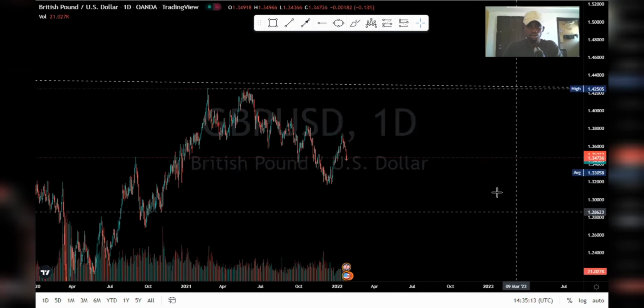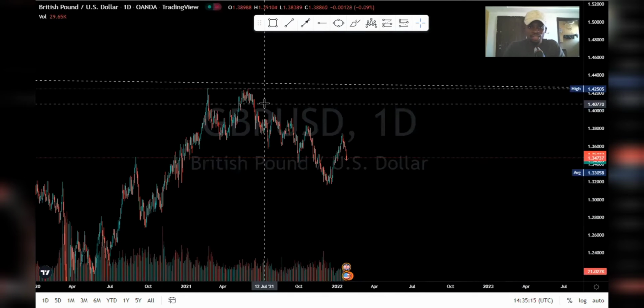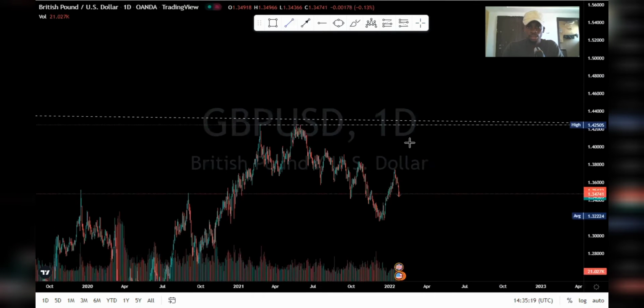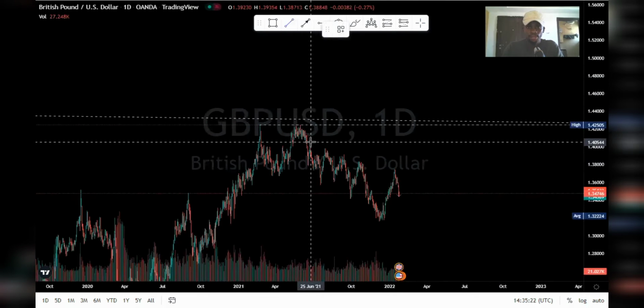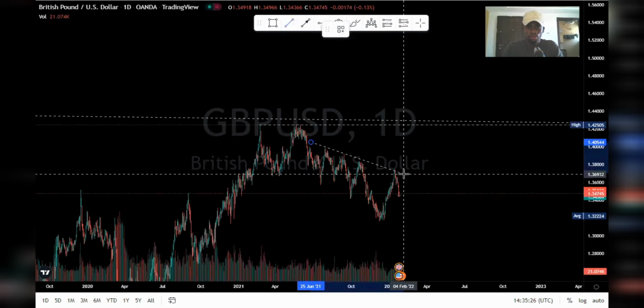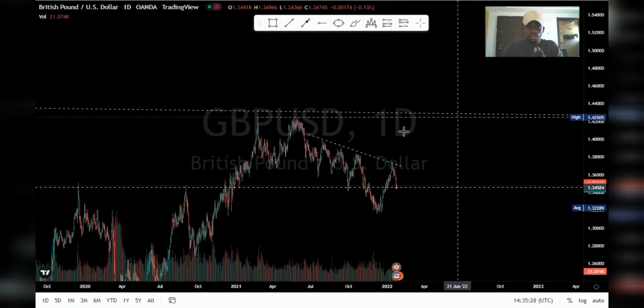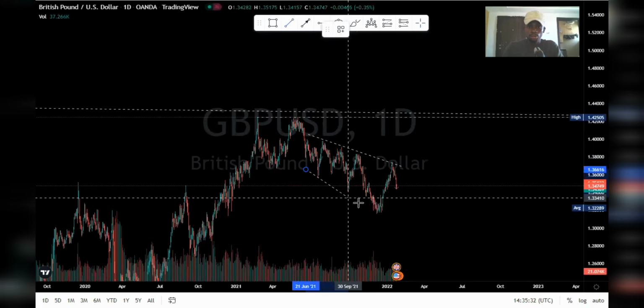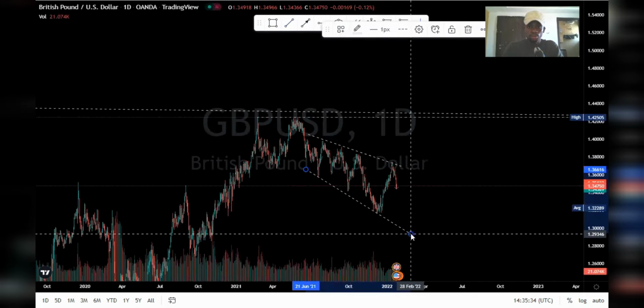As you can see, price is shooting down. We kind of have a trend here. Let me connect this together: 1, 2, 3. Okay, cool. We have a trend here. For every resistance, there has to be a support as well, so I'll draw this here as well.